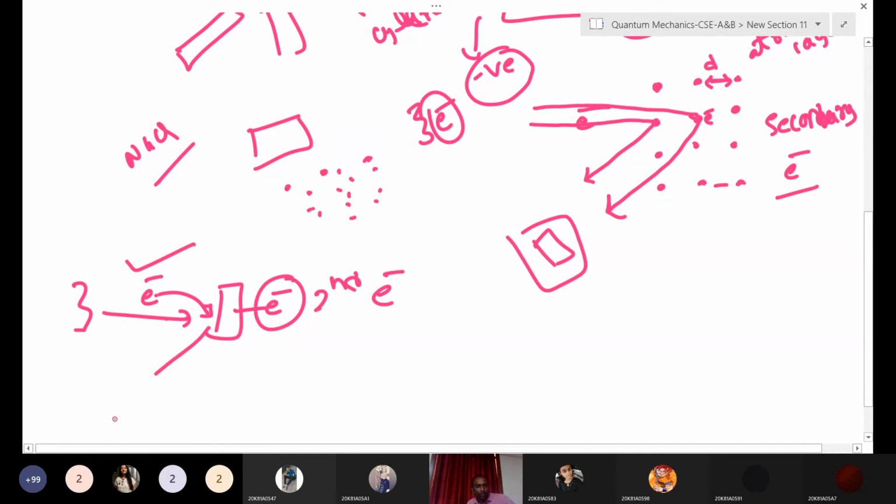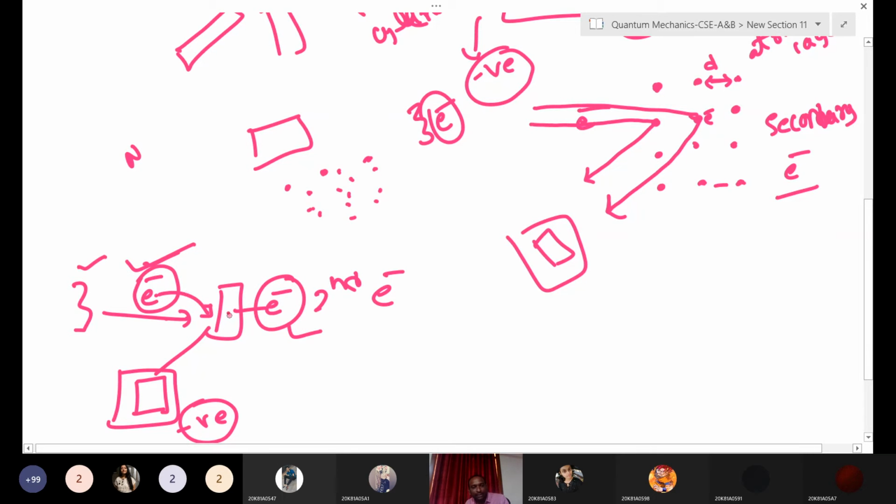That's why we apply a negative or retarding potential to this double wall Faraday cylinder, so that we collect only fast moving primary electrons. Then we can see whether these electrons are diffracting or not. We want only electrons from the electron gun which are diffracting in the nickel crystal.